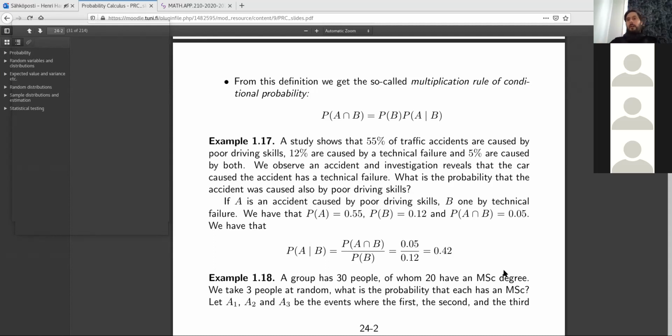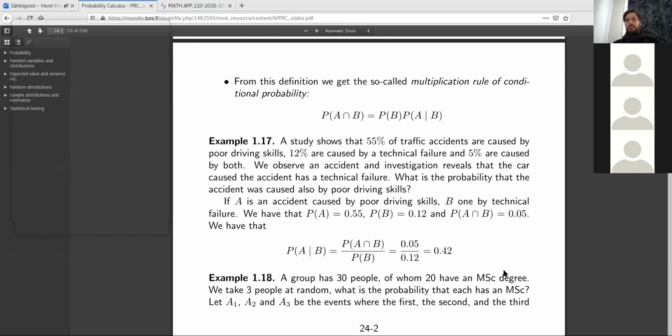Again, let's say that we know that both are in play in 5% of the cases, so the probability of both being the case here is 0.05. The probability of B, the probability of technical failure, is 0.12, so that's 12%.